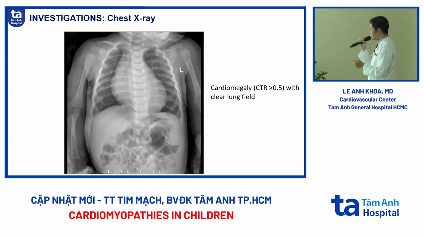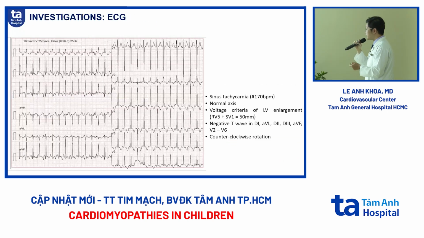Firstly, we can see the chest X-ray here with cardiomegaly with the cardiothoracic ratio more than 0.5 with clear lung field. The ECG shows sinus tachycardia with a heart rate about 170 beats per minute and normal axis, and has the voltage criteria for LV enlargement. The negative T wave appears in many leads, and it's a counterclockwise rotation.